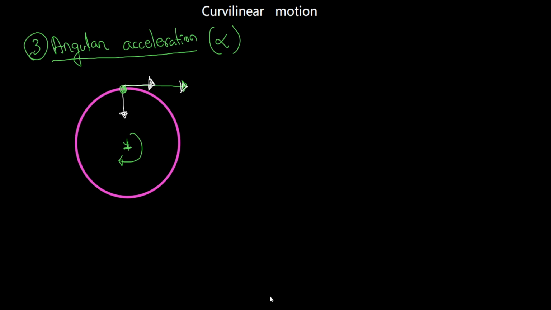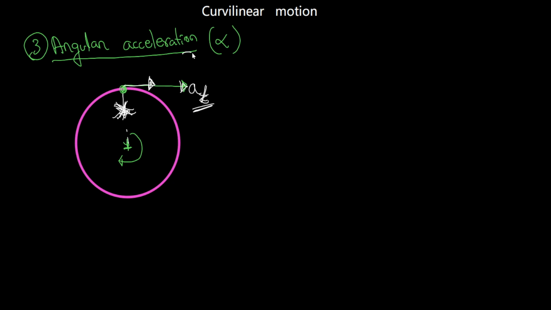These are the things we have already discussed. Now I'm just talking about the tangential acceleration, the normal acceleration we don't need to consider over here. The tangential acceleration is responsible for the change in the magnitude of the velocity. So here the magnitude is changing due to this one, at.